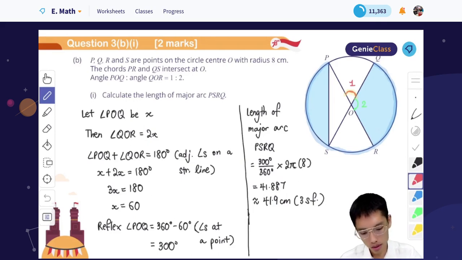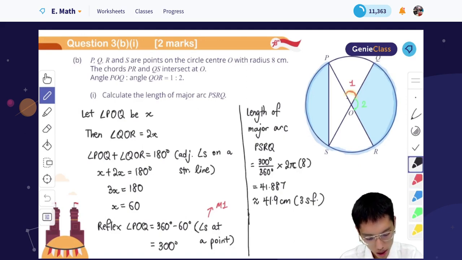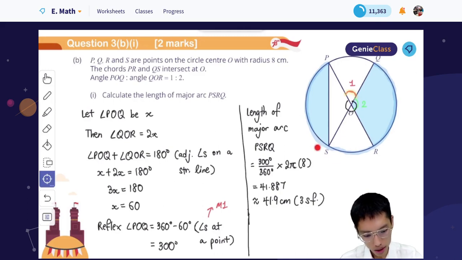Your first mark comes into play when you find the respective angle POQ, to find the major arc. Take note, the major arc is the big arc over here. So I need the reflex angle drawn in this case in my black color marker over here, that is the reflex angle to find the blue color highlighted arc over here.